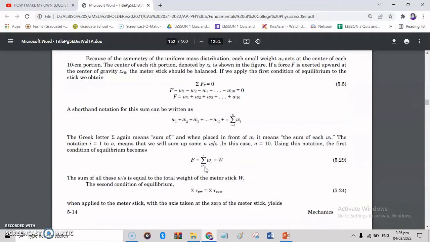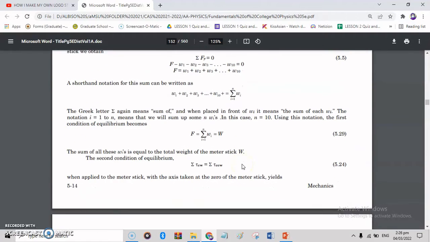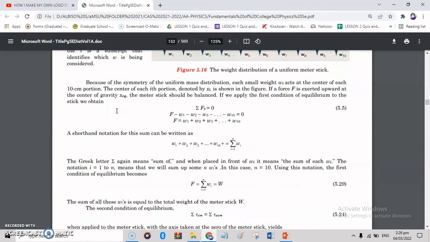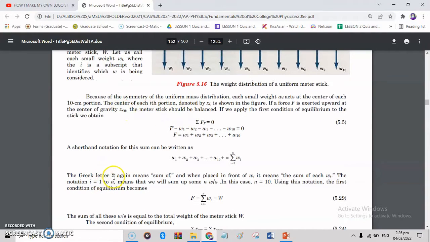Now, this is the Greek letter sigma, which means the sum of.